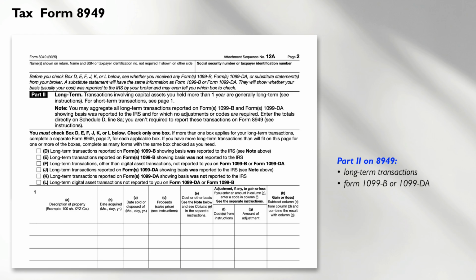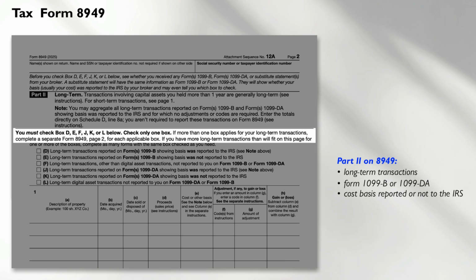Again, the transactions are divided based on whether cost bases were reported to the IRS or not. For example, Box K represents long-term transactions reported on Form 1099-DA where cost basis was not reported to the IRS.